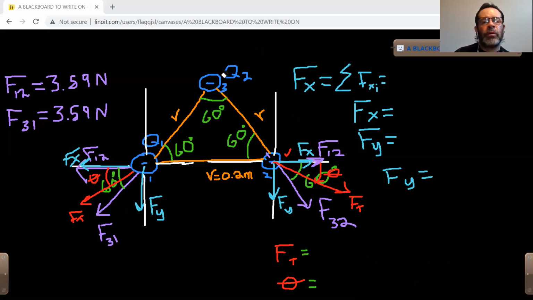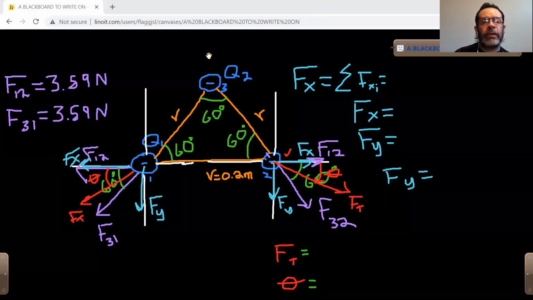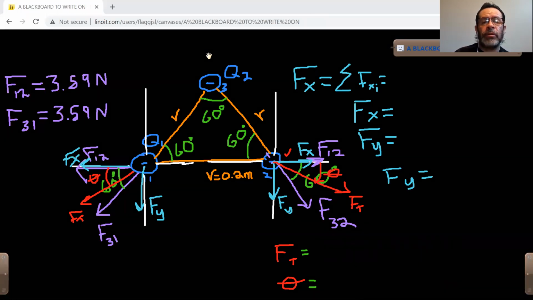Let's do the free body diagram in Q2 and see what's happening there. I'm going to do the free body diagram here. Put this here, here, here, and here.